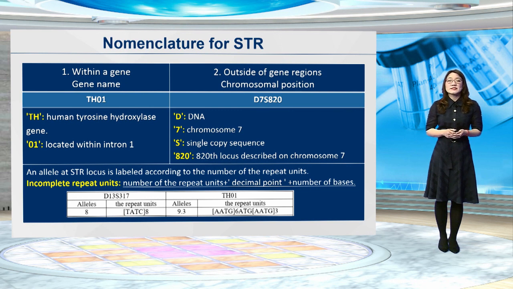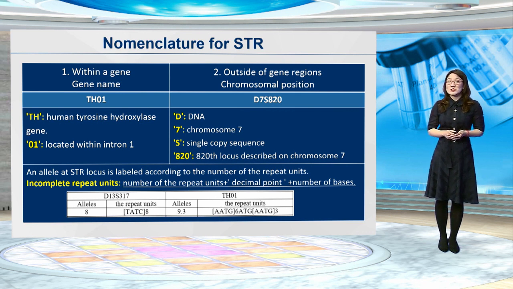For example, D7S820: the D stands for DNA, the 7 refers to chromosome 7, and the S refers to the fact that the DNA marker is a single copy sequence. The final number 820 indicates the order in which the marker was discovered among the categories for a particular chromosome.